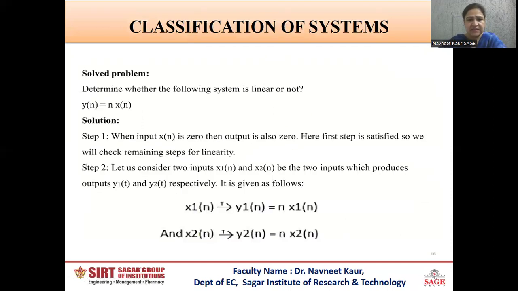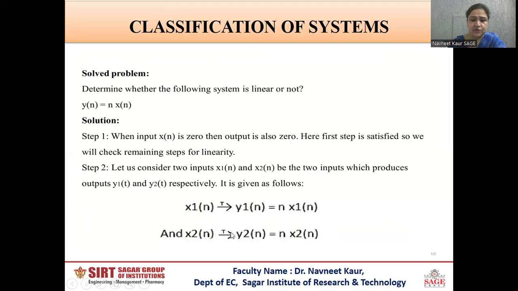Now, we will consider one numerical in which we will understand how to determine whether a system is linear or non-linear. Suppose I have been given a system with the equation y[n] equals n x[n]. I'll consider two inputs x1[n] and x2[n]. If I give x1[n] to the system, I'll get n x1[n] as an output, say y1[n].